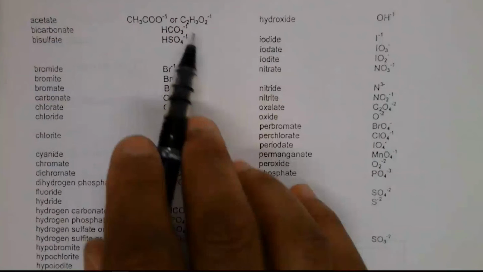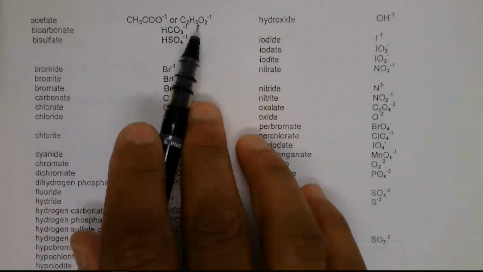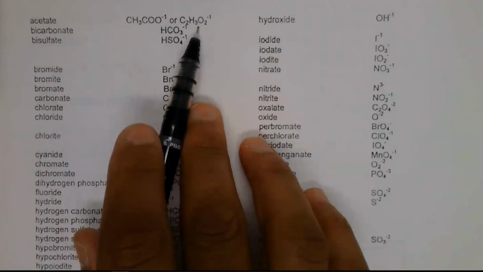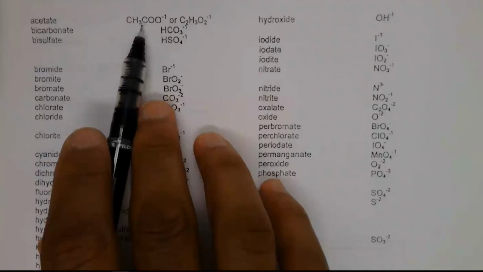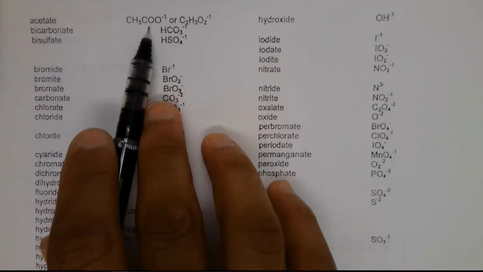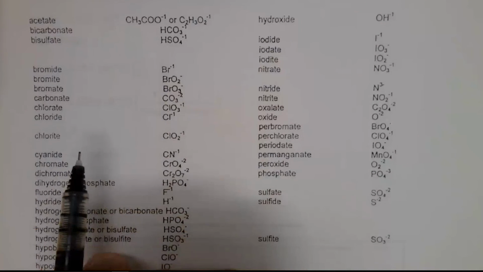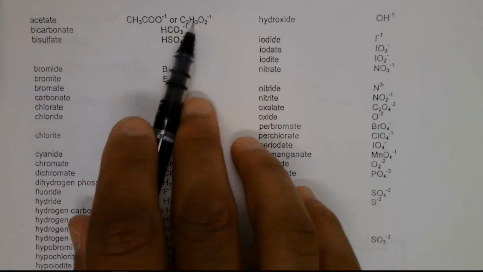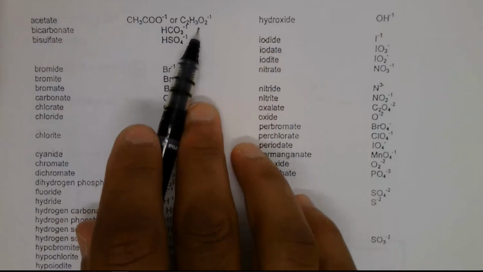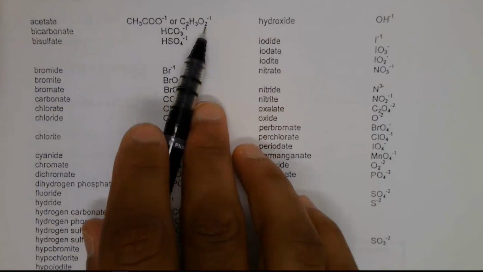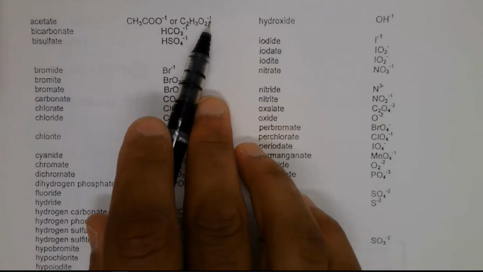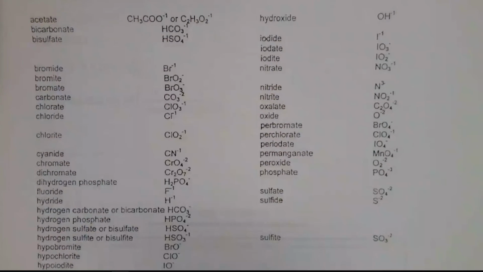Now, you see it written two ways. You'll usually see it written the second way here in our class. This first way, you'll usually see in an organic chemistry class. But acetate has two carbon atoms, three hydrogen atoms, and two oxygen atoms, and it has a net charge of -1.